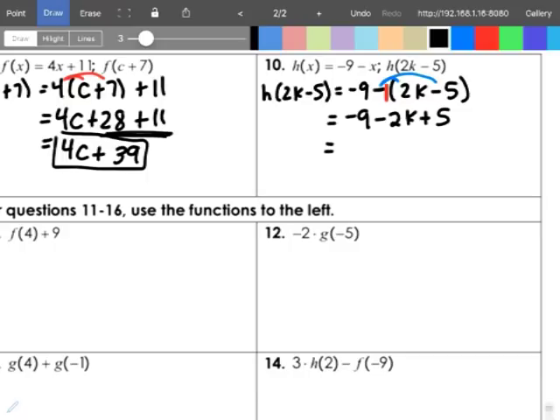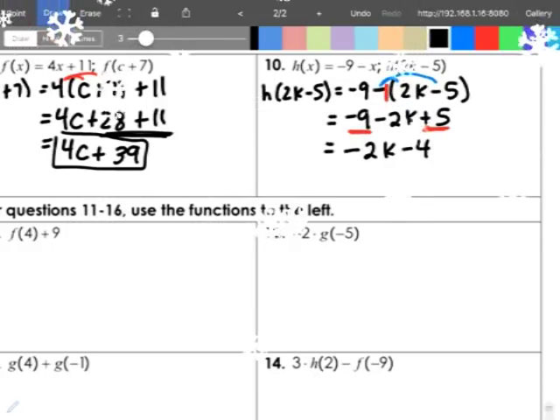Do I have any like terms here? I do. I have negative 9 and a positive 5, right? I'm going to bring down this negative 2k, because that doesn't have any like terms. But negative 9 plus 5 is negative 4, and that's it.